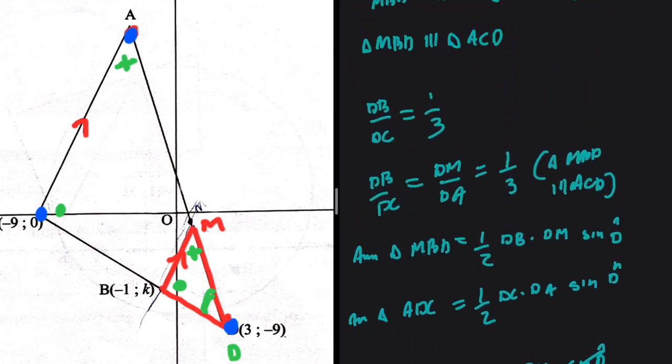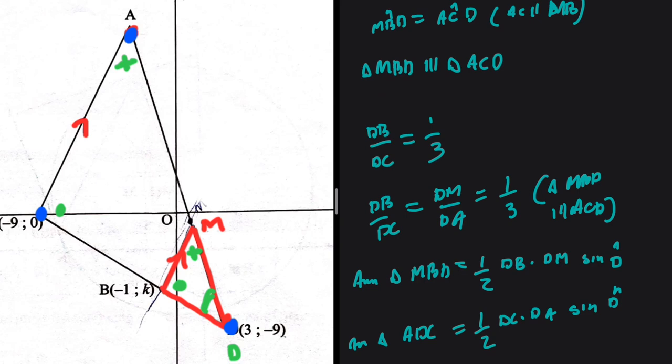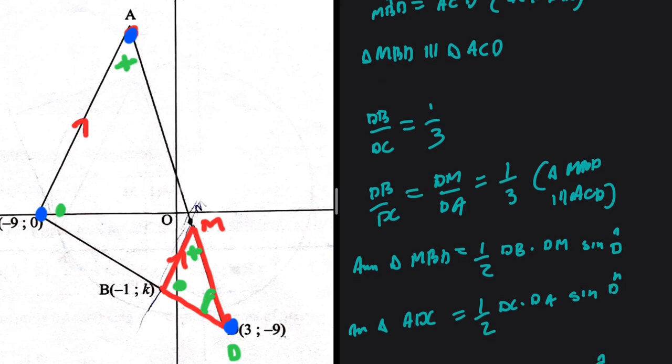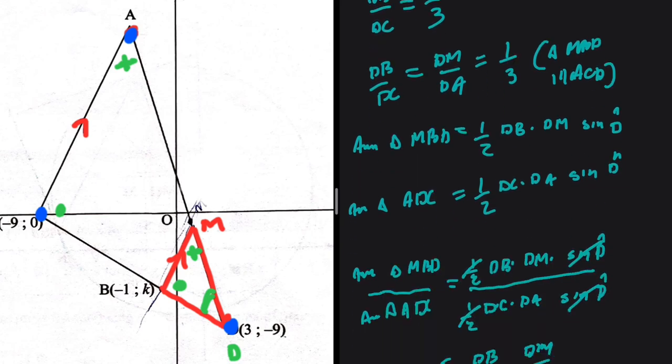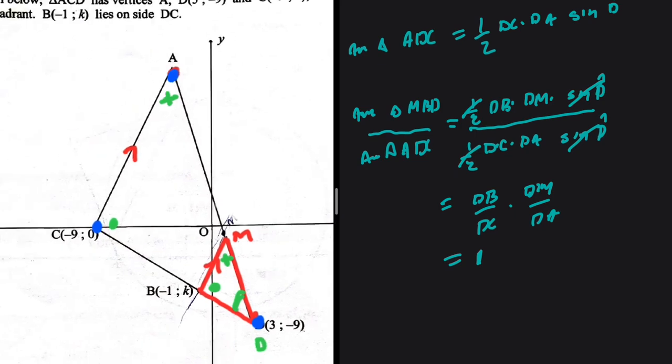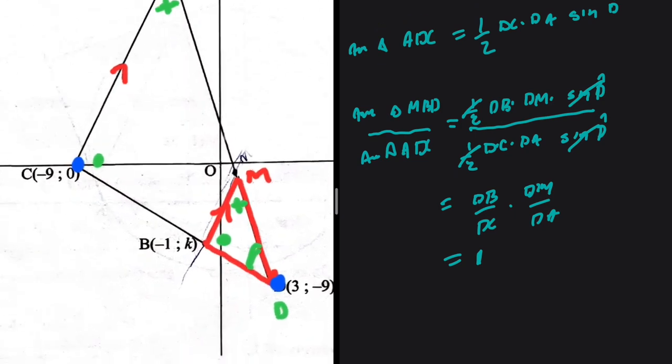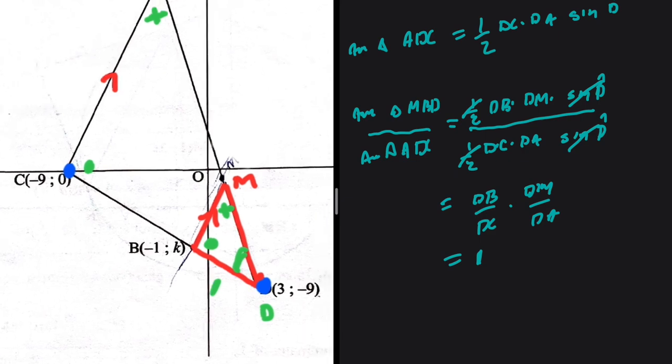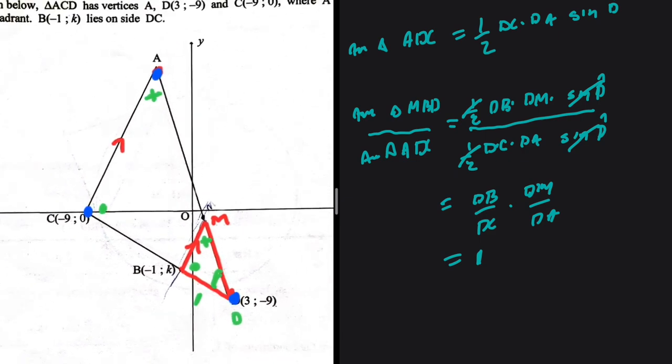DB over DC, DB over DC. What is DB over DC? We know that DB is 1 unit, and then DC, yeah. From D to B, we know that it is 5 units, and from D to C, let's take a look once more.